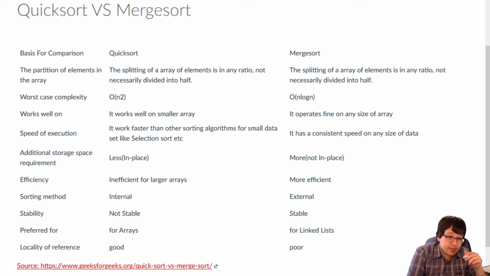And so that is going to actually affect performance to the point that you might say, well, Quicksort is n squared and Mergesort is n log n. But yeah, Quicksort's locality of reference being higher will actually help the algorithm finish faster. And so Timsort, which is the one that a lot of the implementations use, like if you call the sort function, is a combination of Mergesort and I believe Insertion sort or Selection sort.